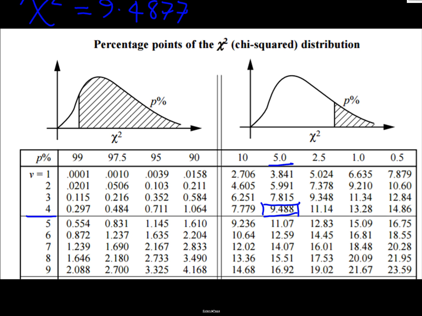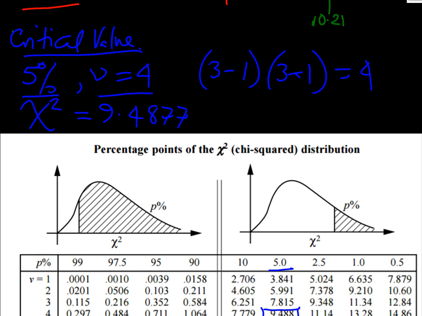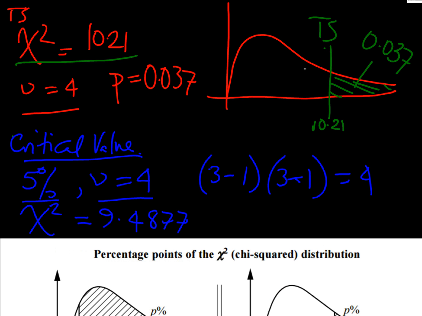Okay, so what am I going to do now in terms of doing my comparison that way? Well, if I go back here and put that critical value in, it will be on this side as my critical value, 9.488. There we go.